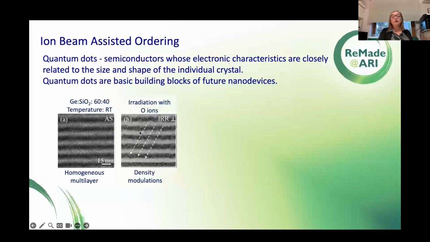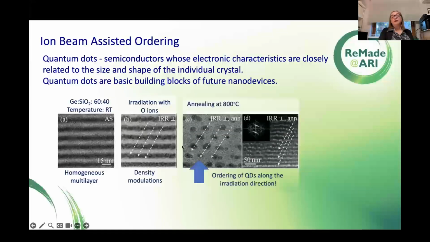And if you look closer, you can see that you have some density modulation. This is no longer so homogeneous layers as after deposition. After some annealing at 800 degrees, you can see that you have formed nanodots and that these quantum dots are following the irradiation direction.